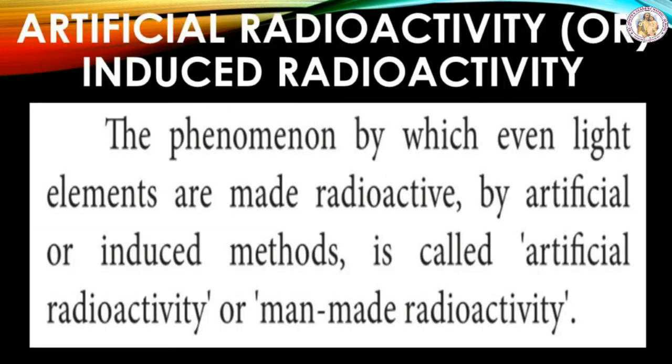Artificial radioactivity or induced radioactivity. The phenomenon by which even light elements are made radioactive by artificial or induced methods is called artificial radioactivity or man-made radioactivity. This kind of radioactivity was discovered by Irène Curie and F. Joliot in 1934.